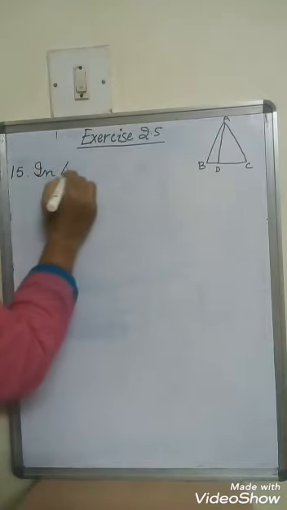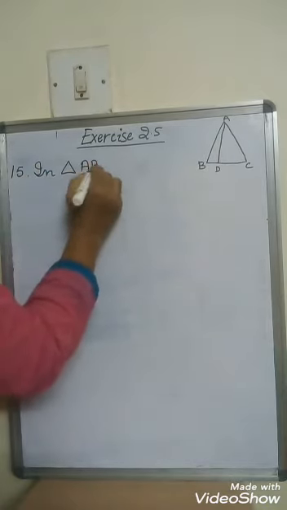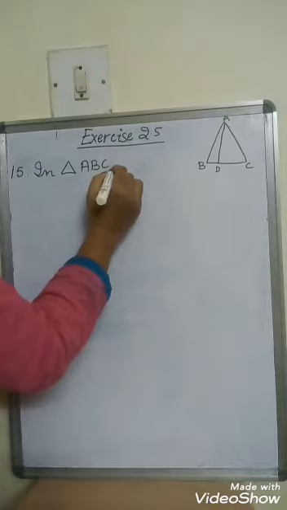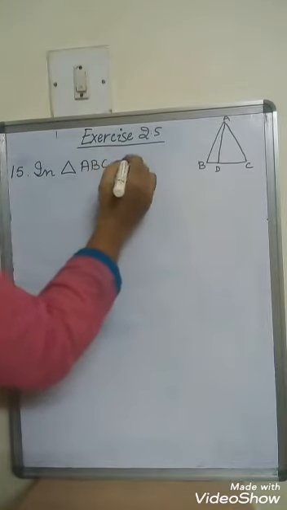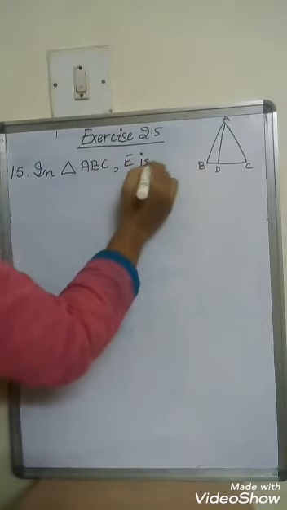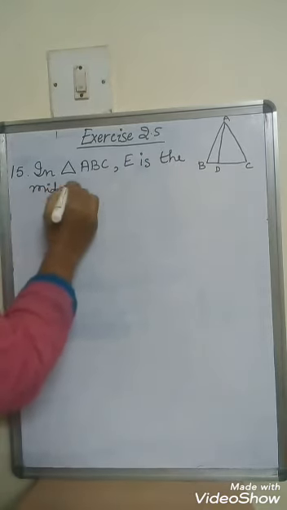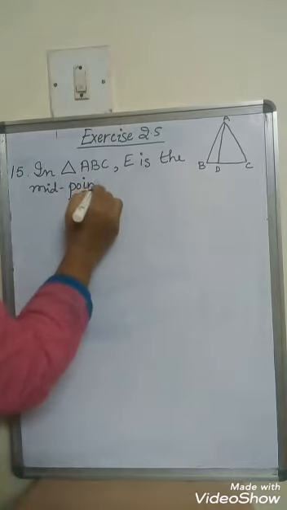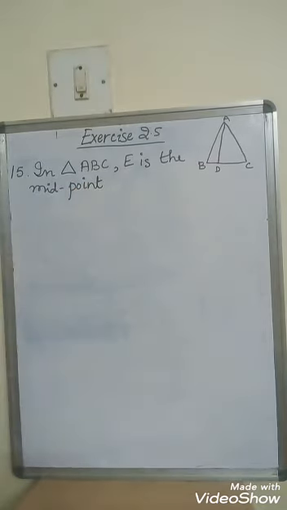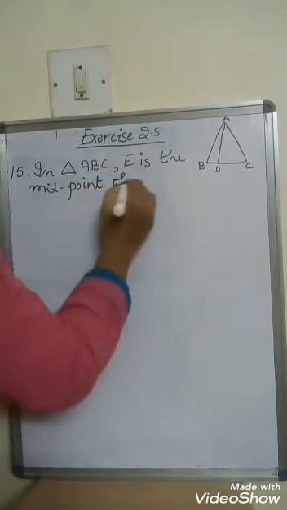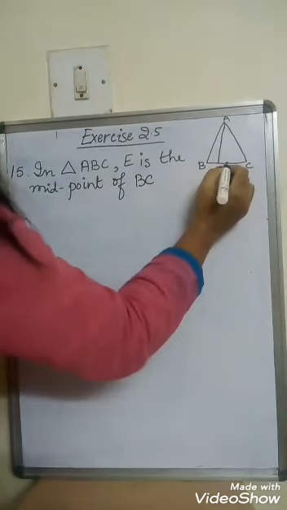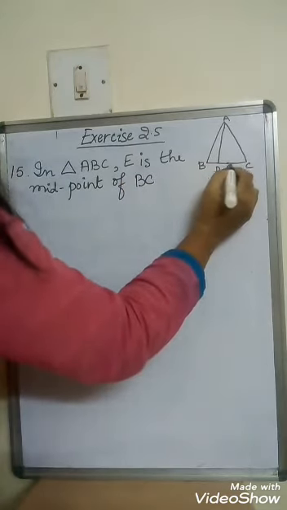In triangle ABC, since it is an equilateral triangle, we assume E to be the midpoint of BC, since the midpoint is not given to us. So here I take point E as the midpoint.